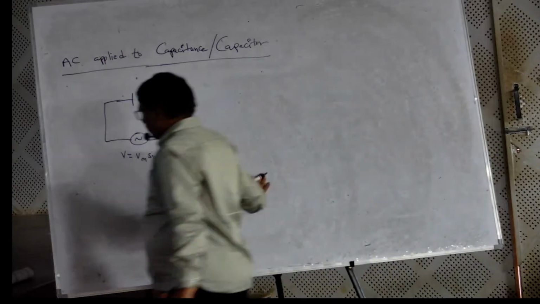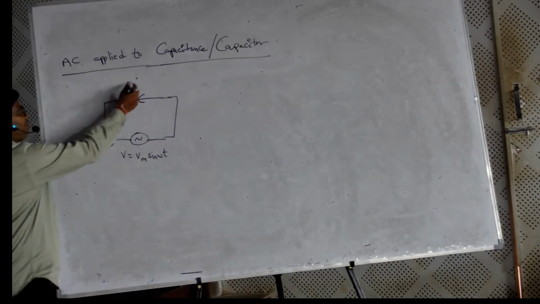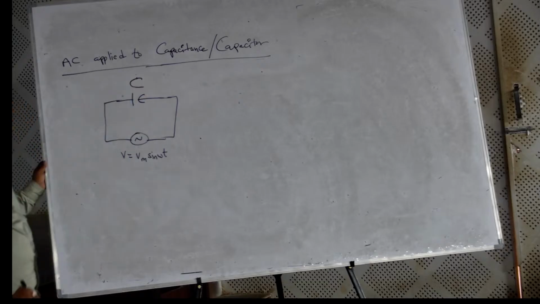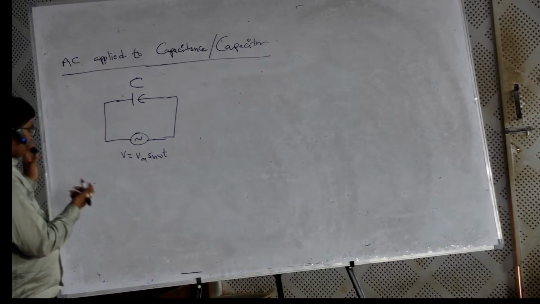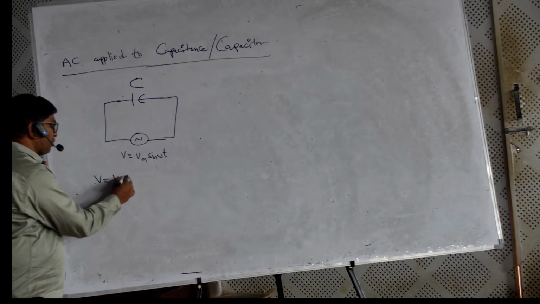So here what is the formula? V is equal to Vm sin omega t. We have applied it to a capacitor. So V is equal to Vm sin omega t.